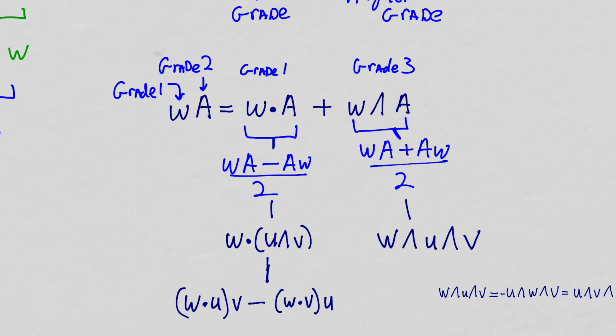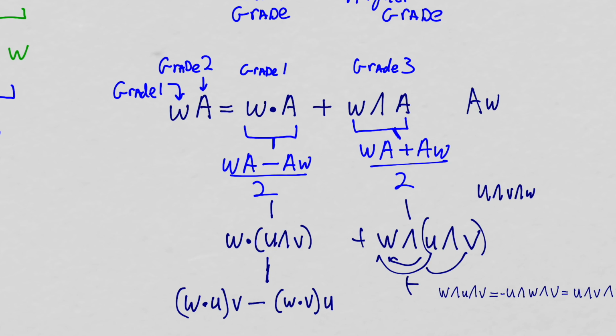How can this deeply anti-symmetric object be associated with the symmetric part of anything? But of course, the answer is actually pretty obvious when it clicked in my head, which is if I switched and wrote AW, I would have to switch A with W, and the U would move over 1, bringing a minus sign, and then the V would move over 1, bringing another minus sign, and those two would cancel, and you would end up with U wedge V wedge W, right?